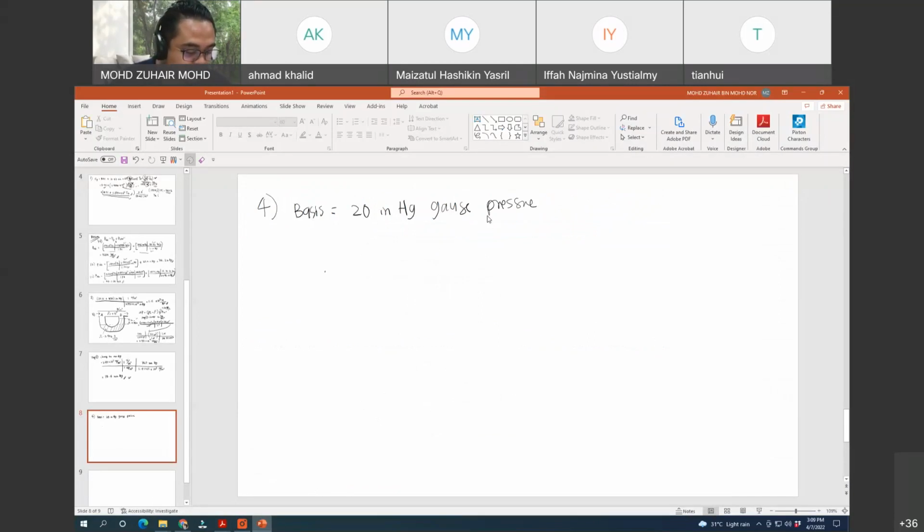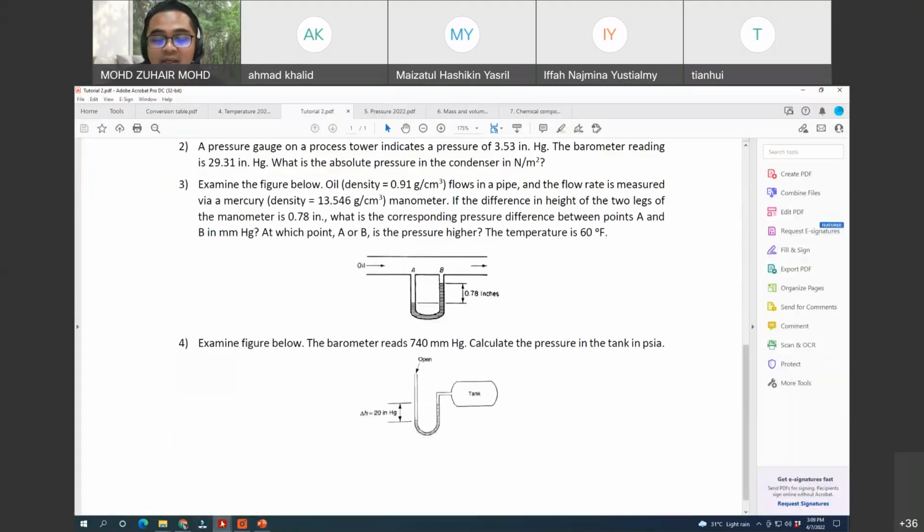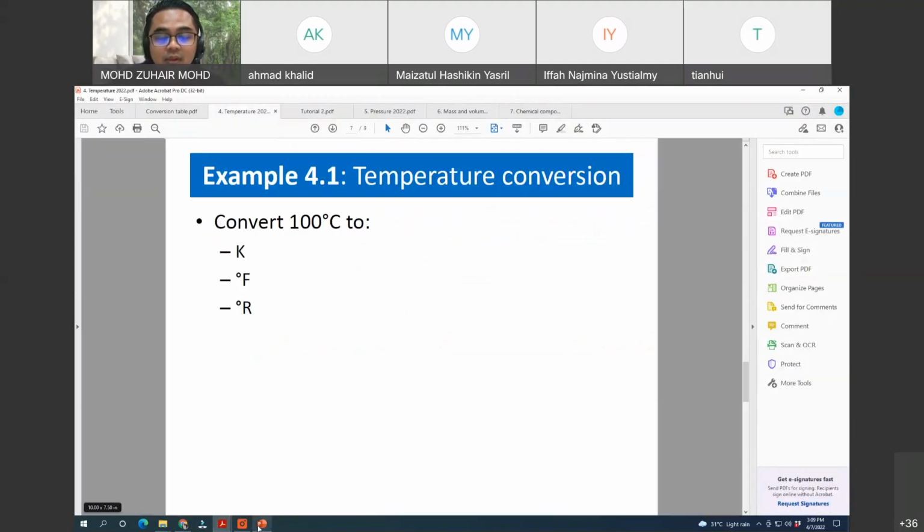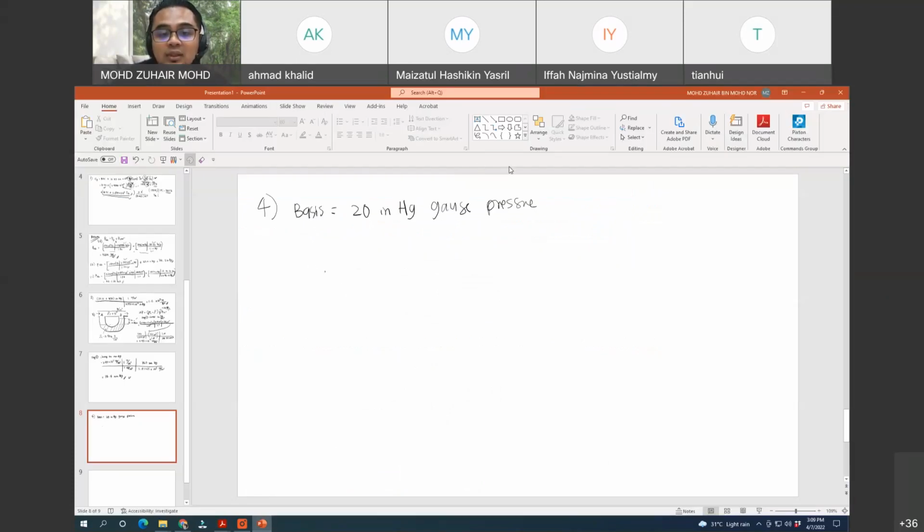we want to change this to PSIA. Okay, so we need to change this gauge pressure, 20 inch Hg, to PSI. Again, this is based on the unit conversion table. Change to 14.7 PSI.